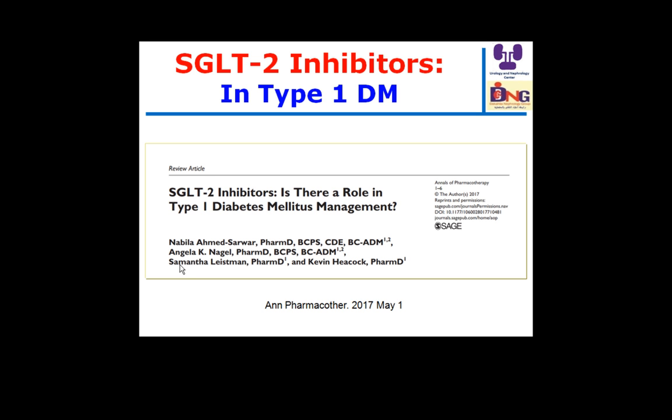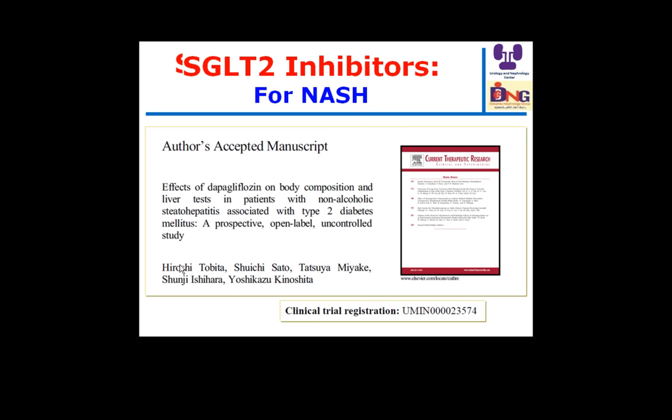However, there are accumulating papers about the rationale behind the use of sodium glucose cotransporter 2 inhibitors in type 1 diabetes. Although the number of patients is still small, it seems that using sodium glucose cotransporter 2 inhibitors by their unique mechanism plus insulin may be of value, and we are waiting for further studies.